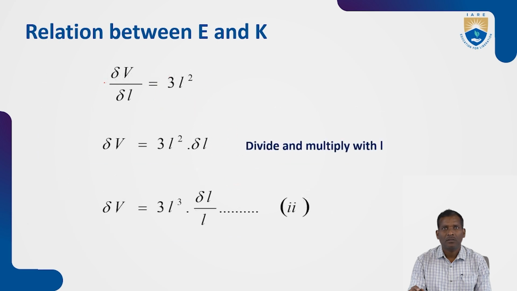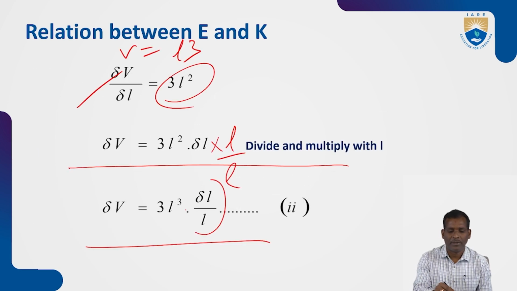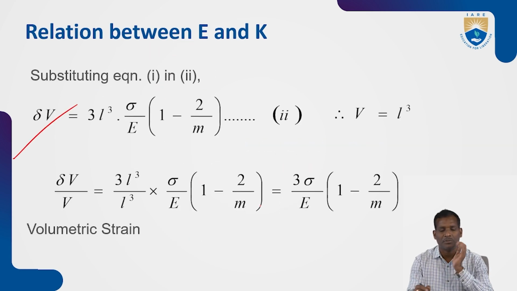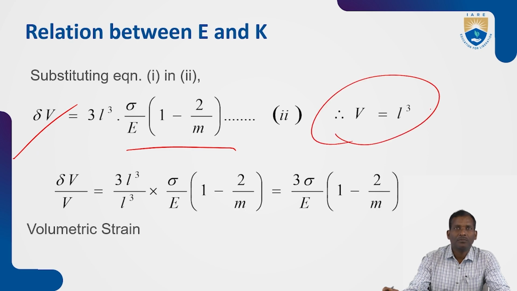So now delta V is equal to 3L cube into delta L by L. In place of delta L by L, substitute sigma by E into 1 minus 2 by M. Therefore V is equal to L cube.